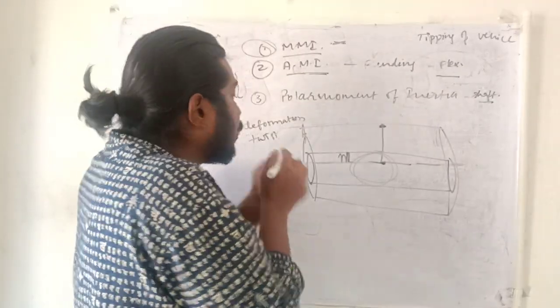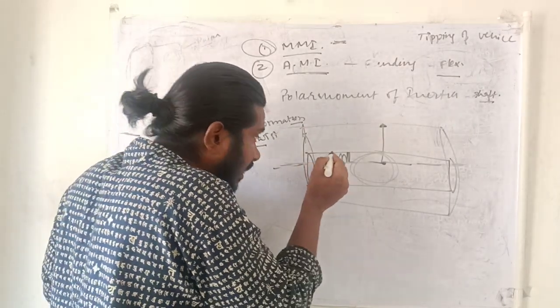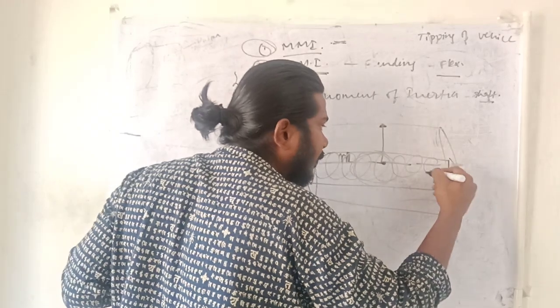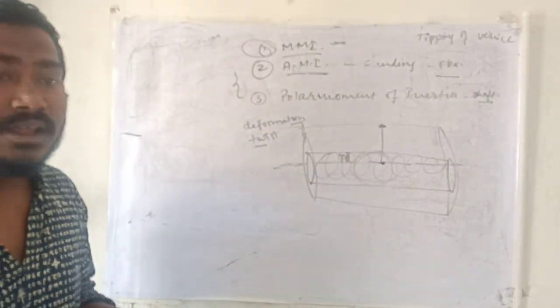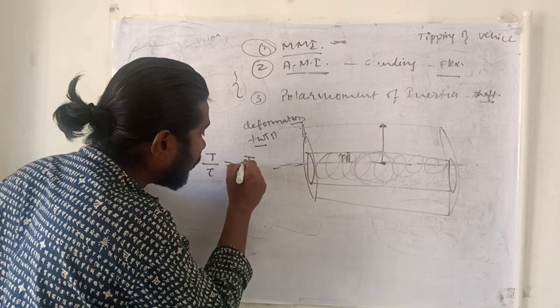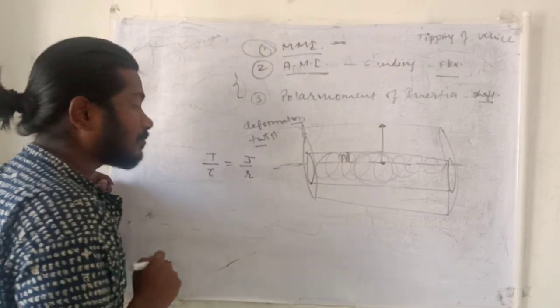The resistance to deformation or twist by the material near the neutral fiber is very less. And you know T by tau equals J by R.